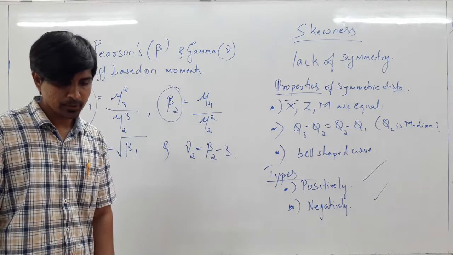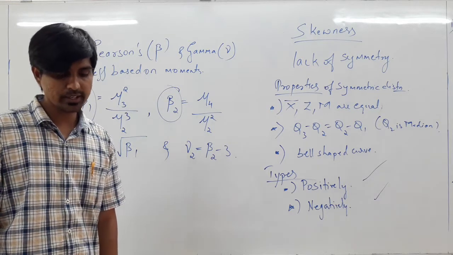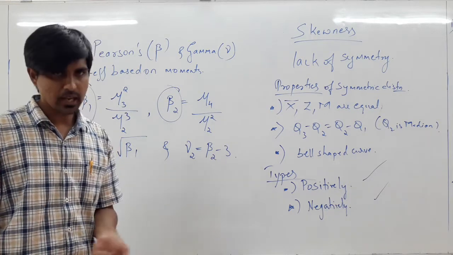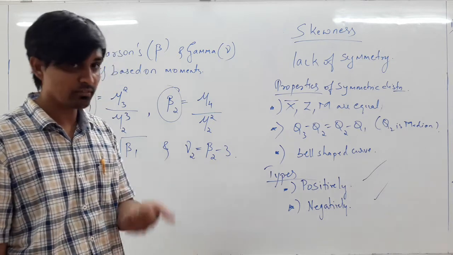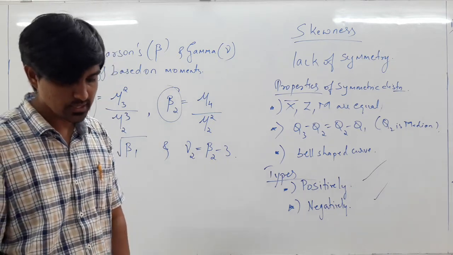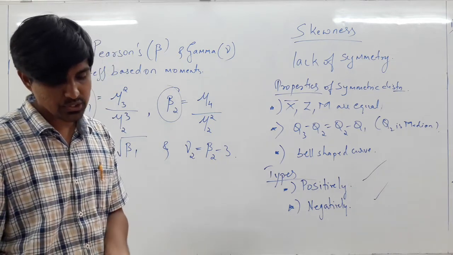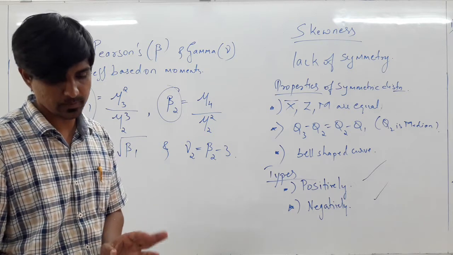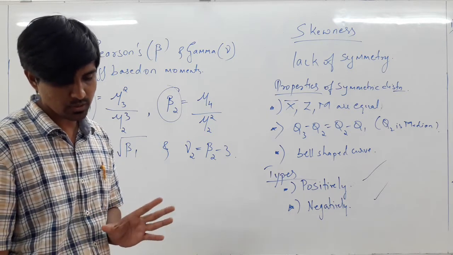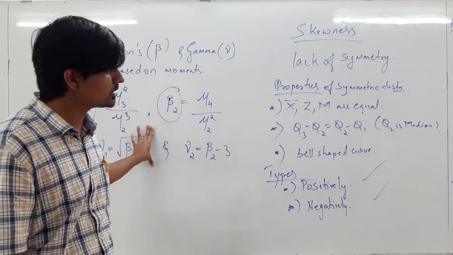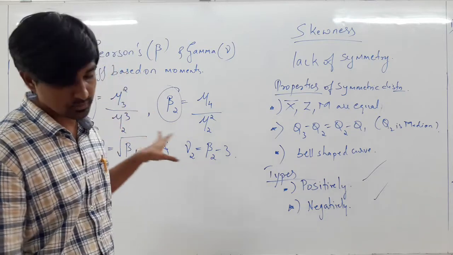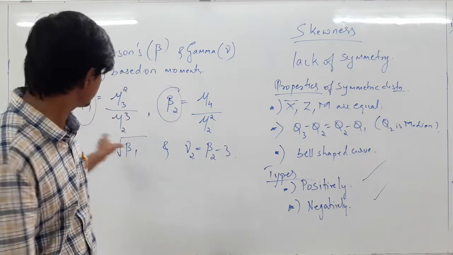And the third is the measure of skewness based on moments. So there are these formulas to calculate skewness. I will once again rub this out and write all the formulas. The third formula is here.